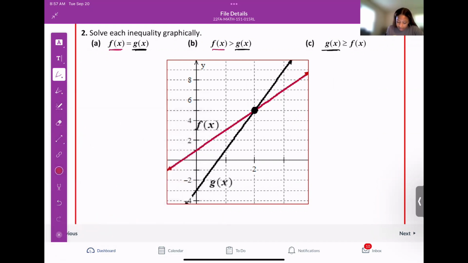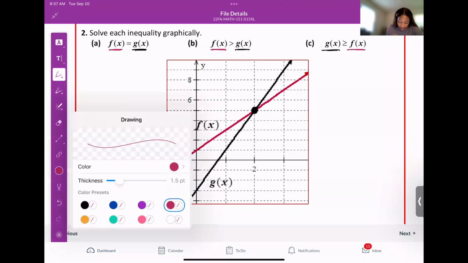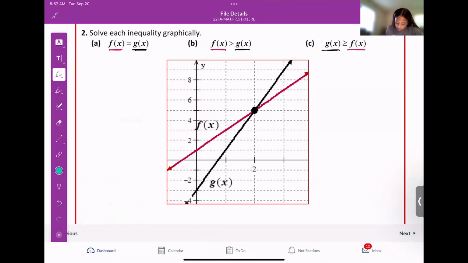For part A, we're asked to determine where f of x is equal to g of x. So that's an equality, or an equation. We can see from the table that f of x and g of x are equal at x equals 2. For these, we're trying to find the x values that work.